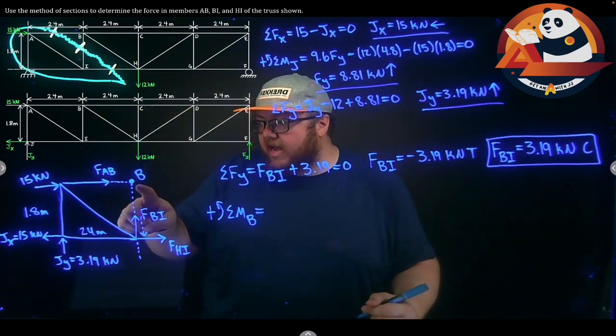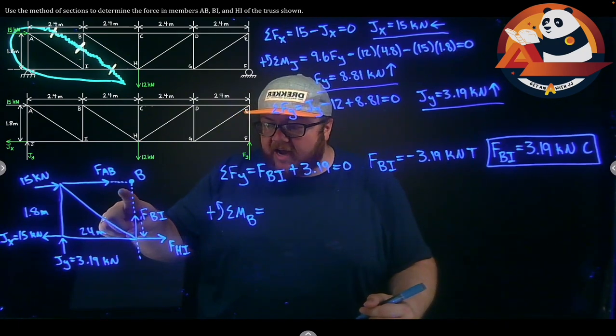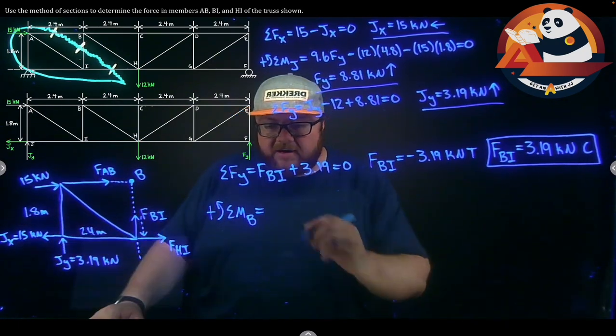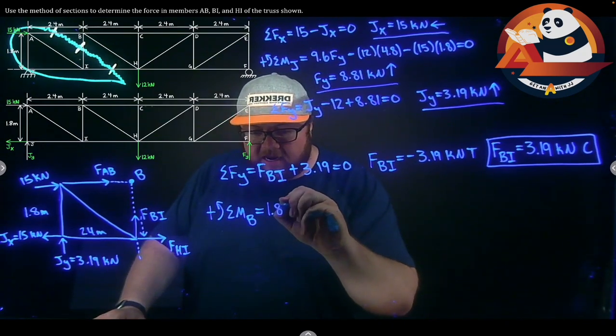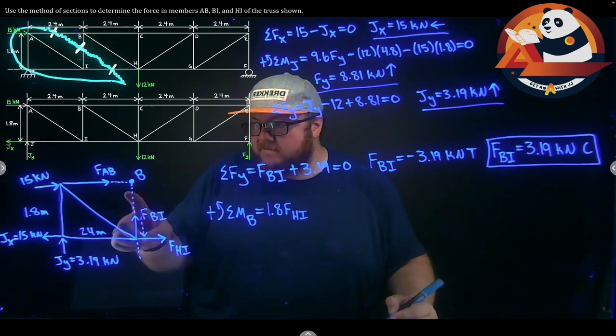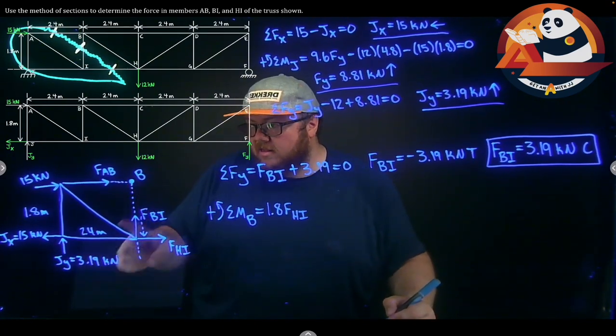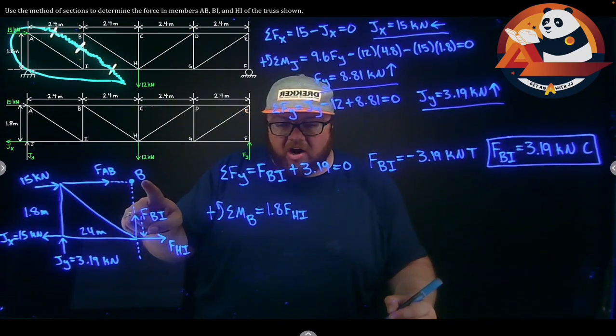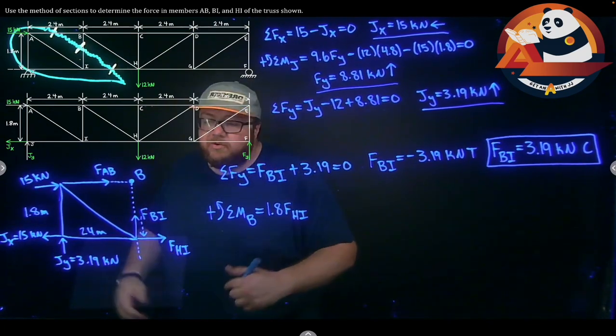Doing this, FHI will cause a counterclockwise rotation, and it's 1.8 meters away. So 1.8 FHI. Again, we get rid of my 15, and FBI and FAB all have their line of action pass through B. We don't include them.